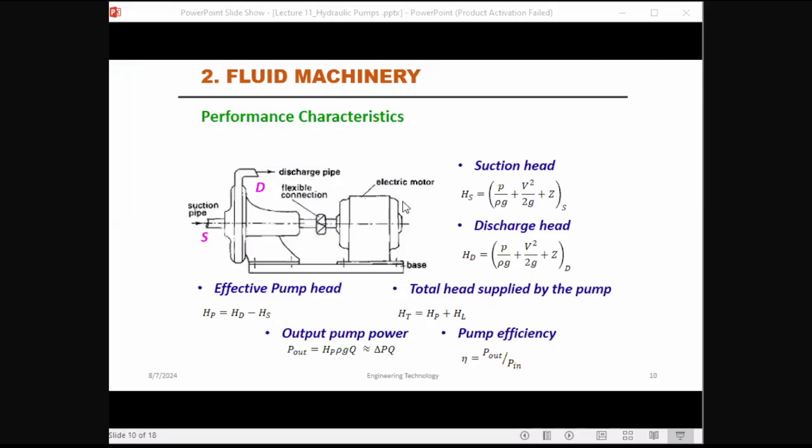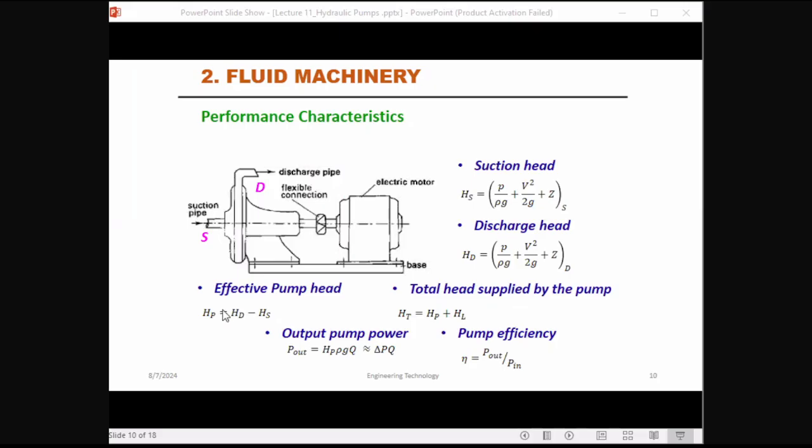Okay, here are some equations. We already discussed this part. You can calculate suction head using this equation, then discharge head using this equation, and the total head supplied by the pump you can get using HT equal HP plus HA.